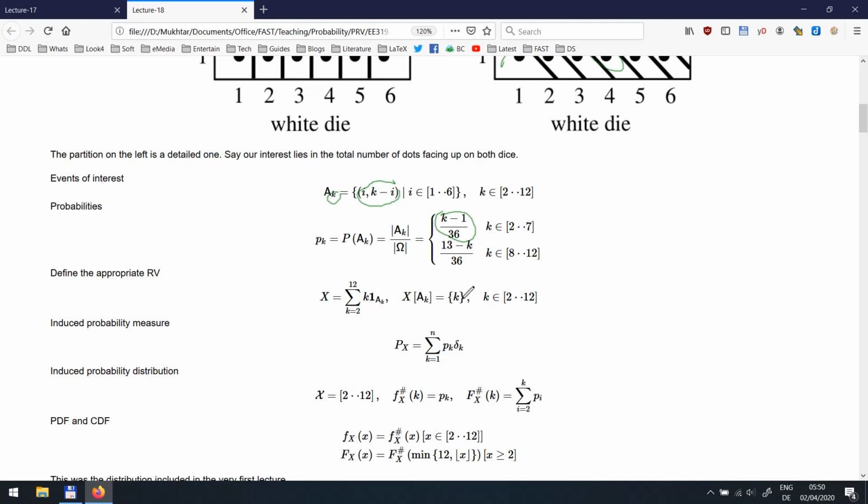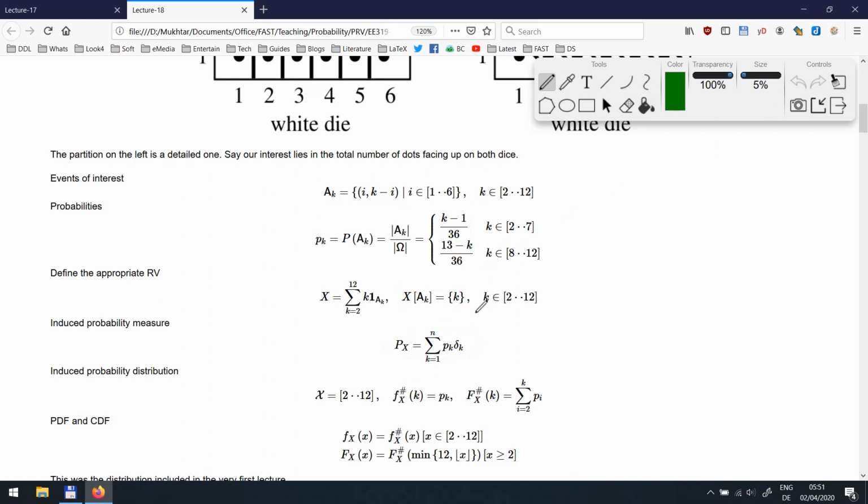Remember here, we are using the same notation which we did before. The only difference from the previous case is that k started from 1. Here k started from 2. Now the probability measure induced by X takes the same form. You see, there is nothing new here.